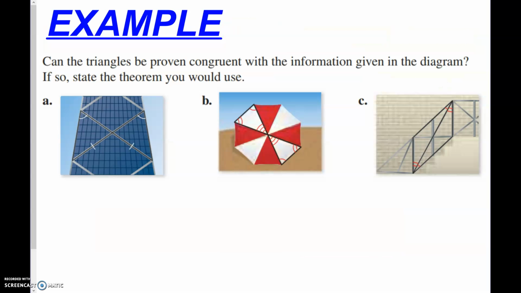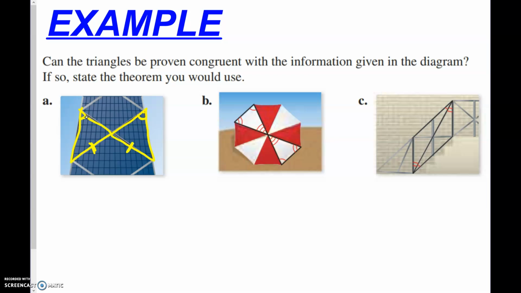All right, so let's look at these triangles and see what we've got going here. So if we're looking at this triangle right here, we have a single mark and a single mark. And then if we go look at this one right here, it also has a single mark and a single mark.